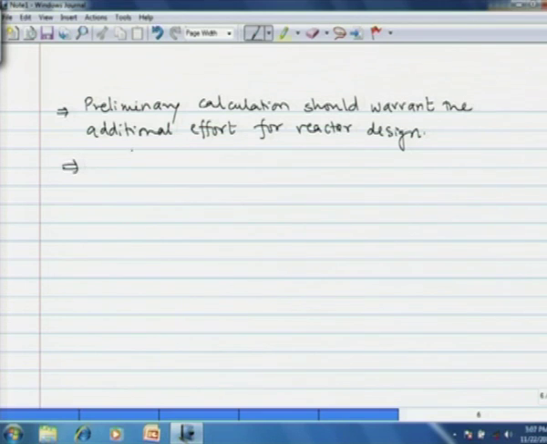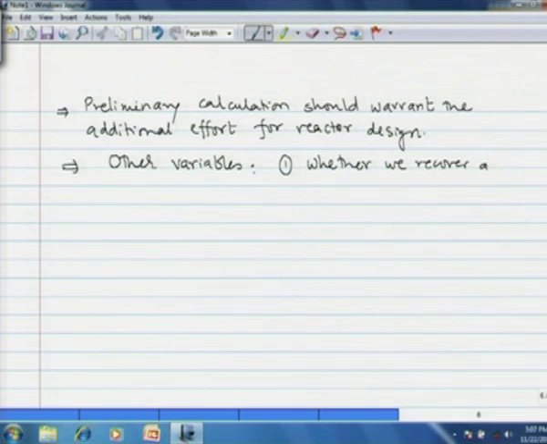Now, in addition, what are other variables that enter into the material balance? First is whether we are going to recover and recycle all reactants. And second, as I said at the beginning of lecture, the use of gas recycle and purge stream.